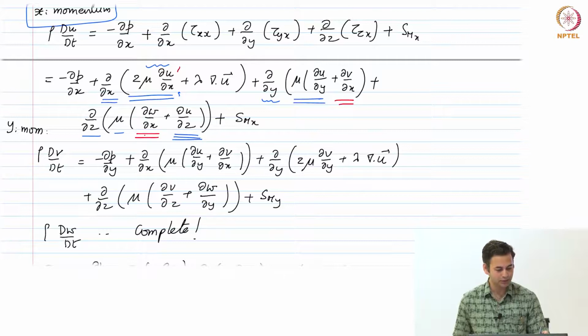In all these terms, I would like to interchange the order of differentiation. For example, here instead of writing ∂/∂y of μ ∂v/∂x, assuming that, I will come to that point. So, let me first write down these things.